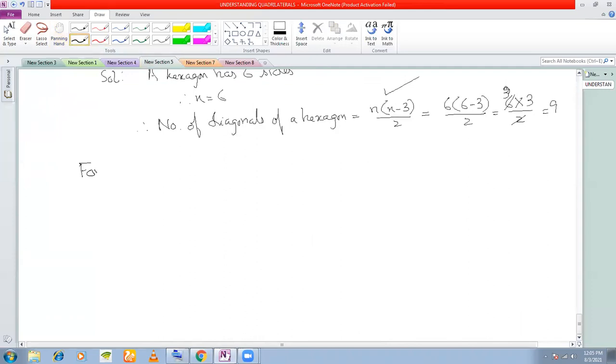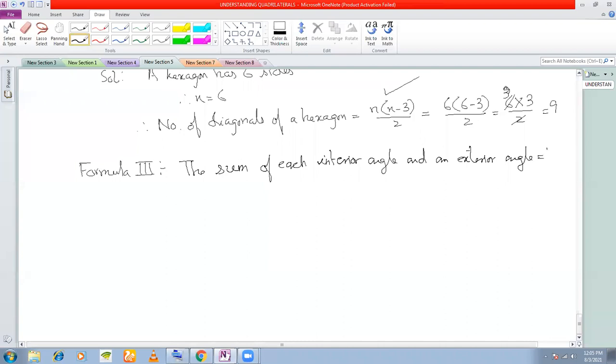Formula 3: the sum of each interior angle and an exterior angle is equal to 180 degrees.